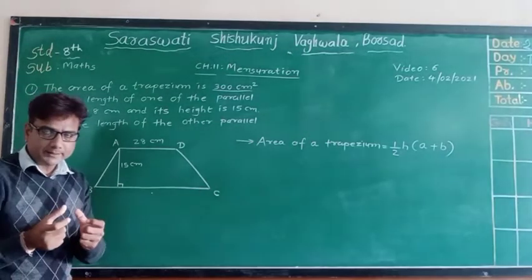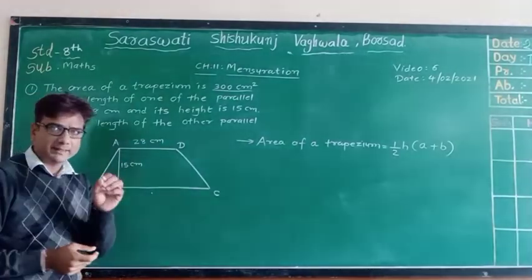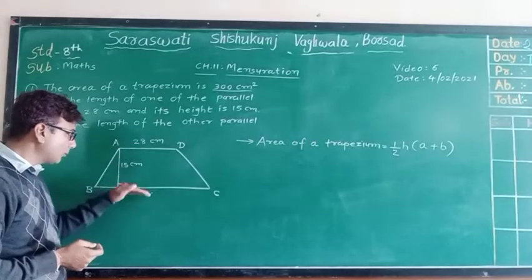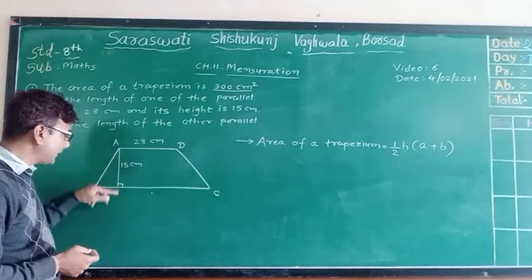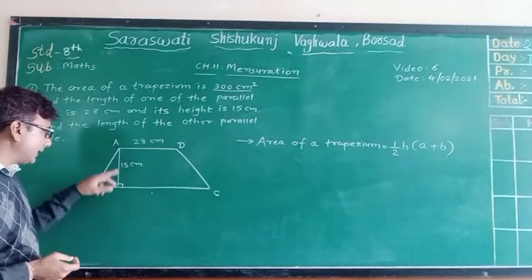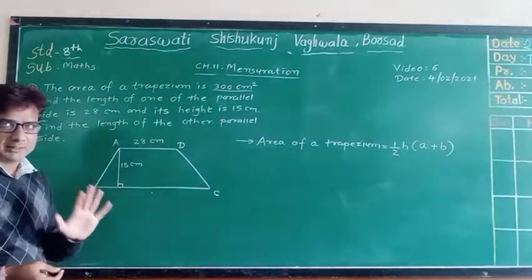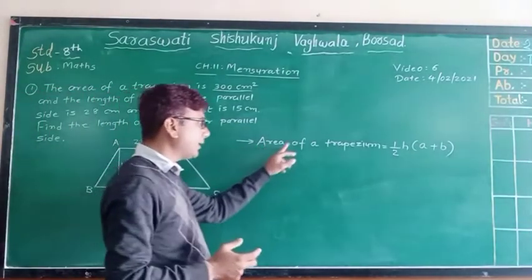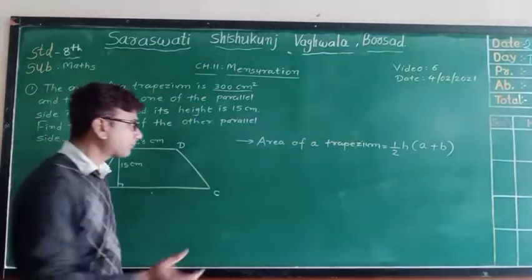See, in this figure we can observe the area of the trapezium is already given, 300 centimeters square. There are two parallel lines, and one parallel side measurement is given, 28 centimeters, and the distance between both parallel sides is 15 centimeters. We want to find the second parallel side measurement. So first of all we write the formula: area of a trapezium equals 1/2 h in bracket a plus b.